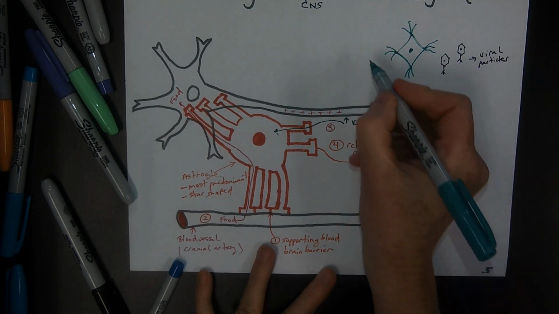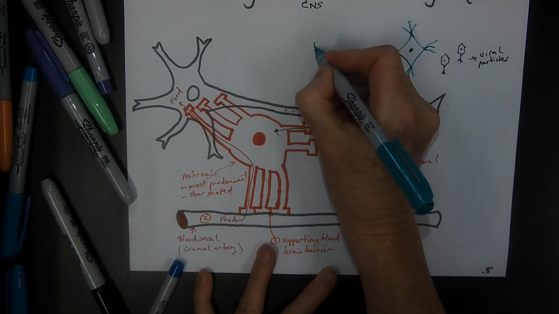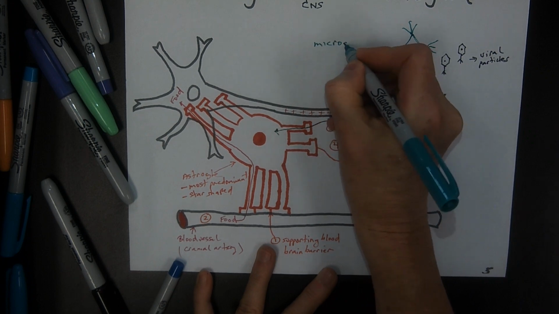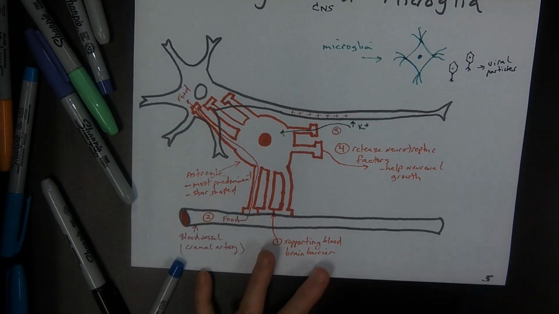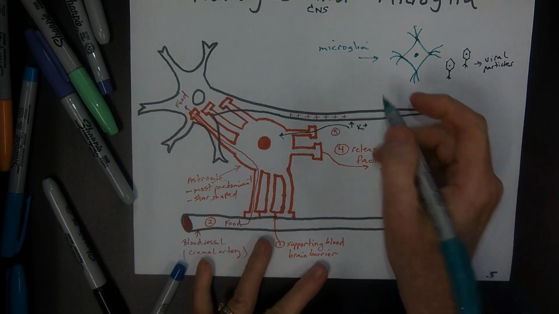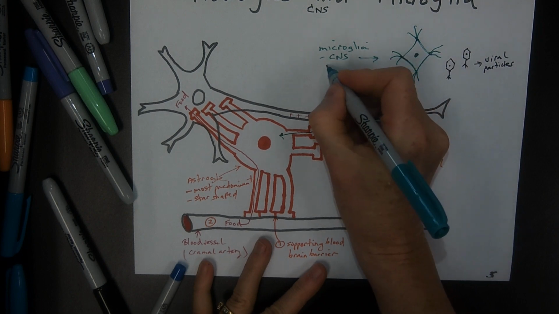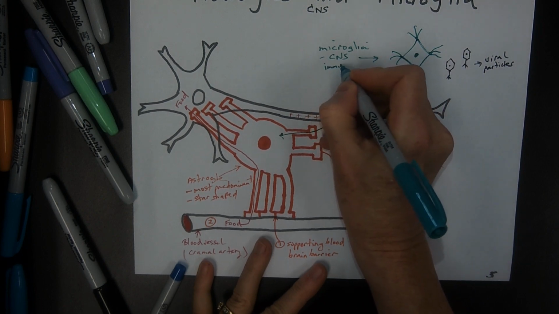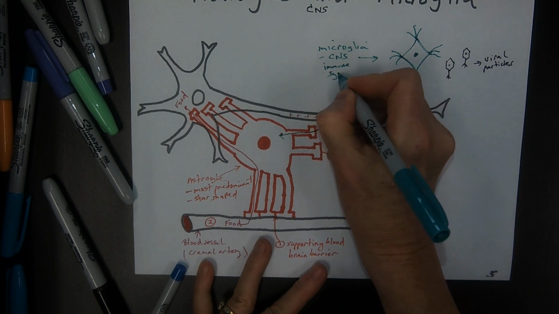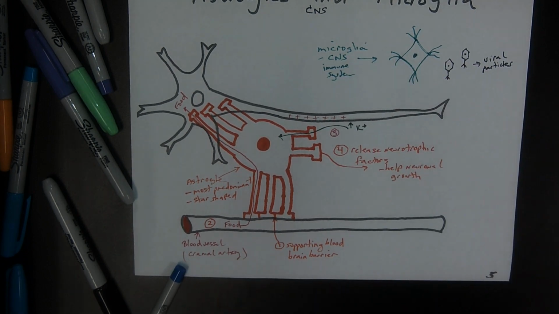Okay, and these are your microglia, and they function as the immune system for the central nervous system. So let's just say CNS immune system. Their job is just going to be to recognize and get rid of foreign invaders.